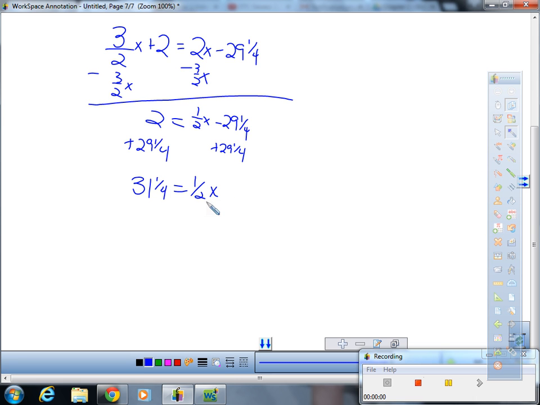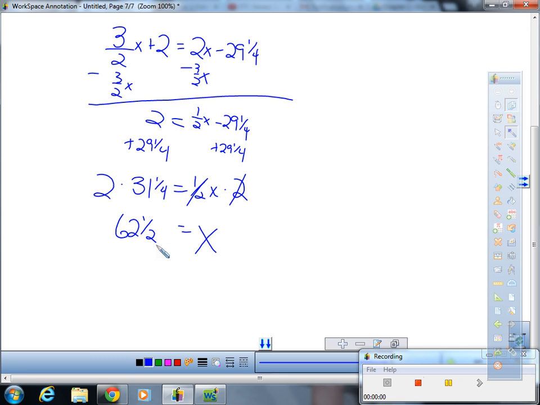What's the easiest way to get rid of a half? Multiply by 2. You could divide by a half, but when you divide by a fraction, you multiply by the inverse. So just multiply this side by 2, and that leaves you with x equals 2 times 31 and 1/4, and that is 62 and 1/2.